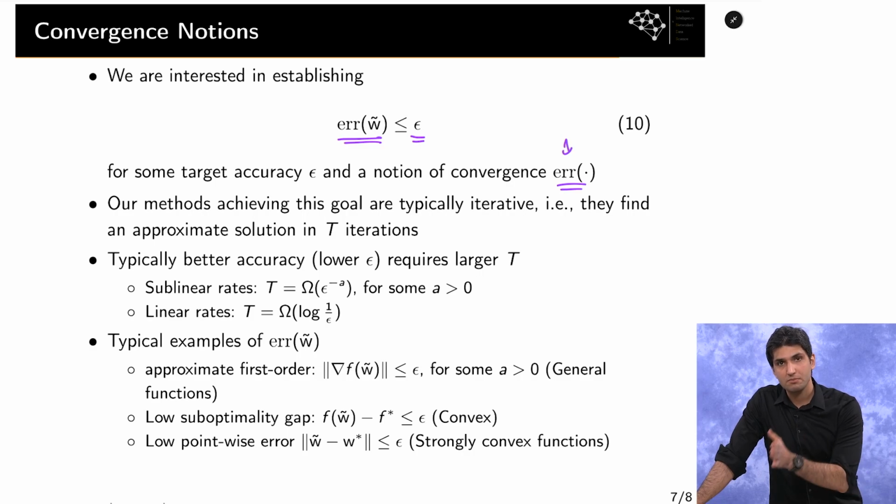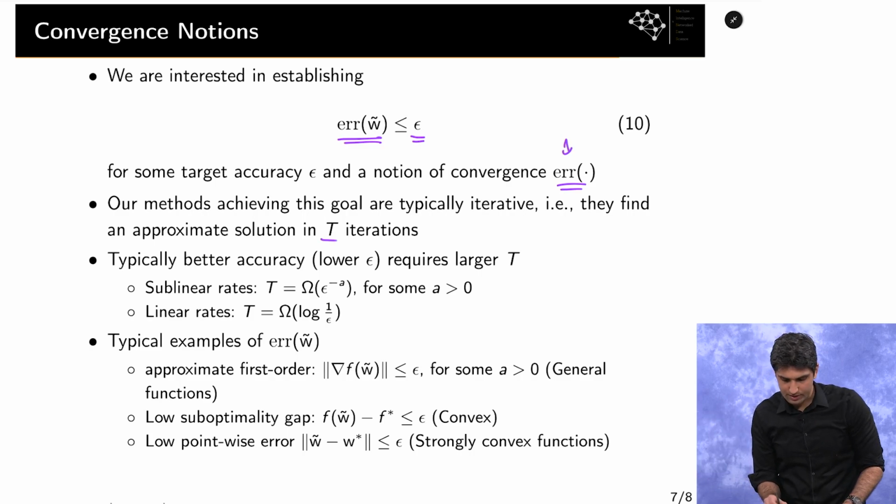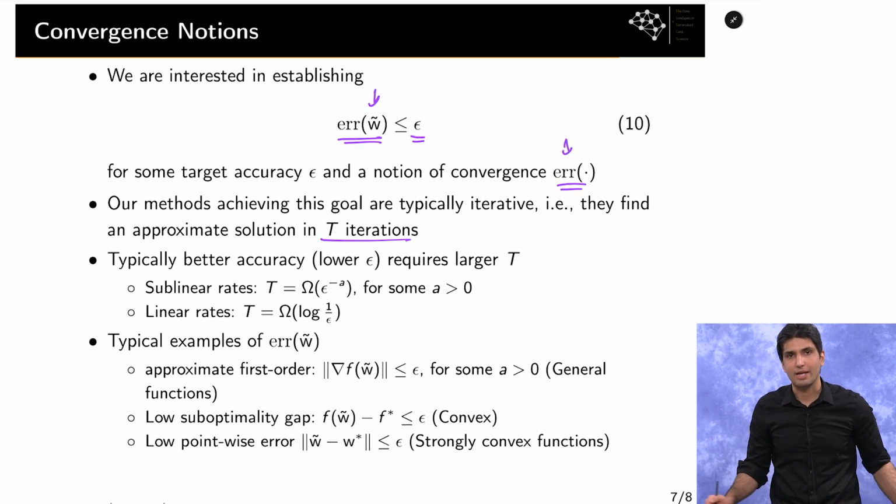You run the algorithm for another iteration. Hopefully you keep improving upon the quality of this solution, and so on and so forth. And you repeat your process for, let's say, T iterations. And then at the end, you're going to output W tilde to be your approximate solution. Okay? And we're going to see numerous examples of these iterative methods in this course.